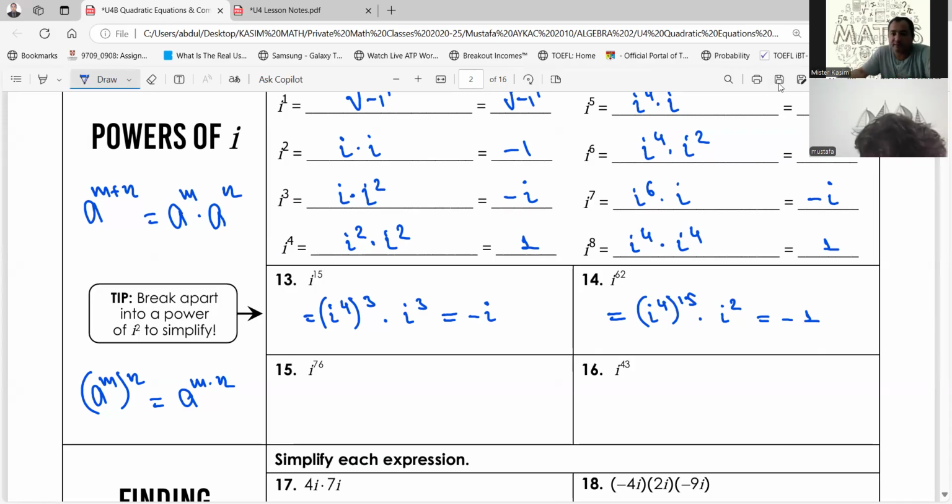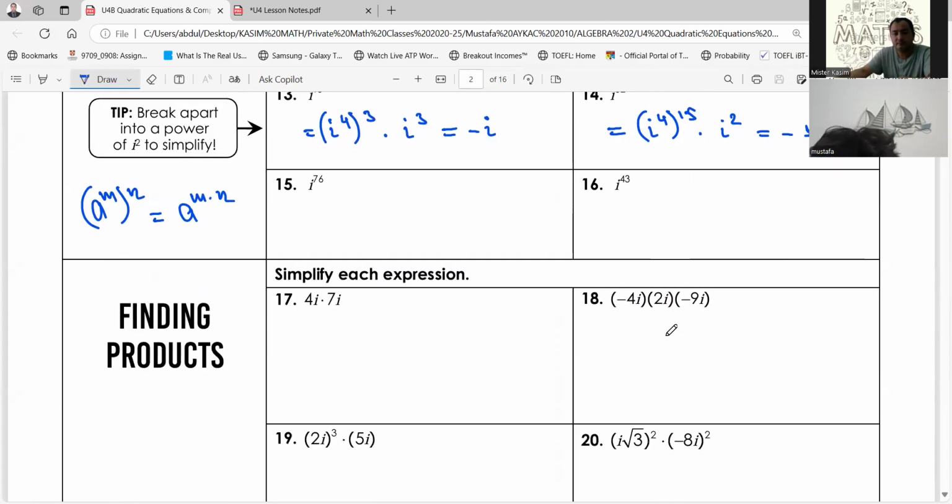Mustafa, do question 15 and 16. What did you get for 15, Mustafa? i to the power of 19 times i to the power of 4 times to the power of 19, which equals negative 1.